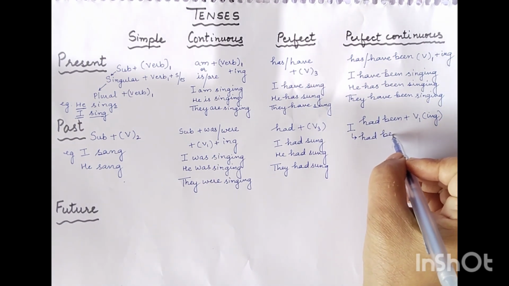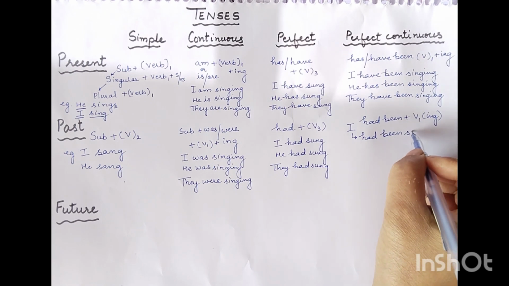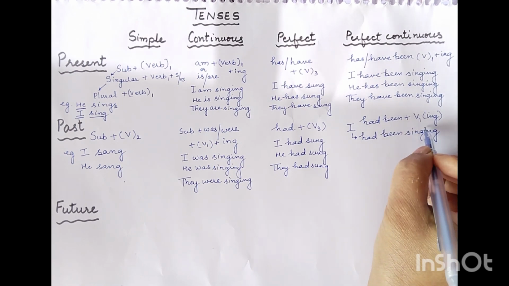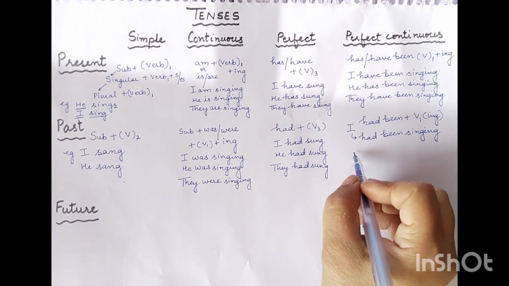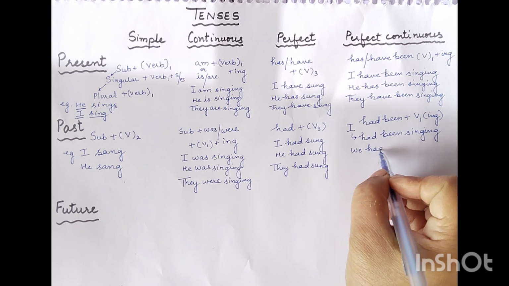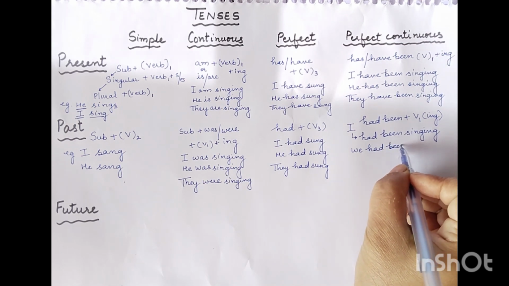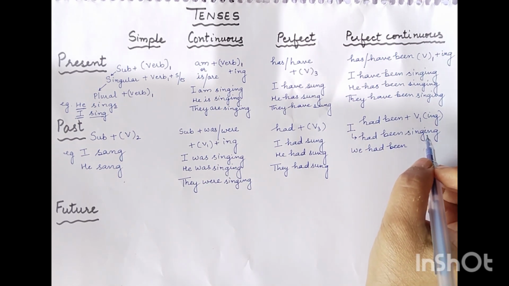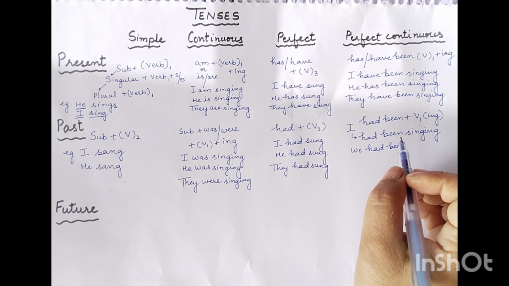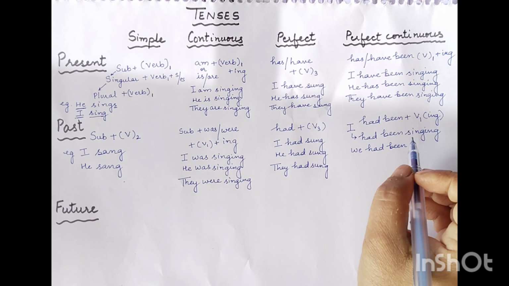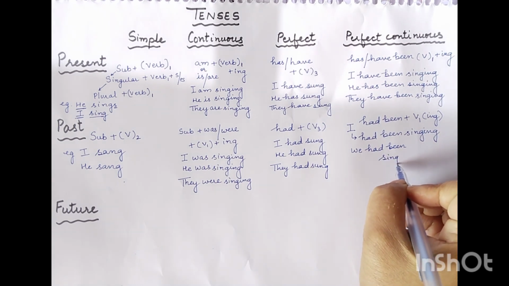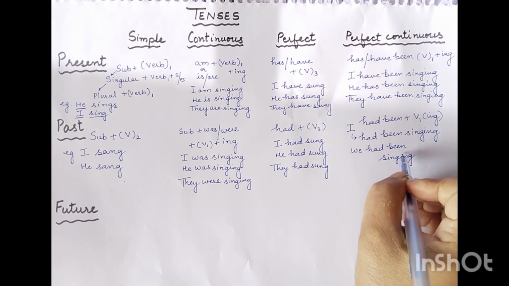For example, I had been singing. He had been singing. We had been singing. If I am saying we have been singing, that is present perfect continuous. But here in past perfect continuous, we had been singing.